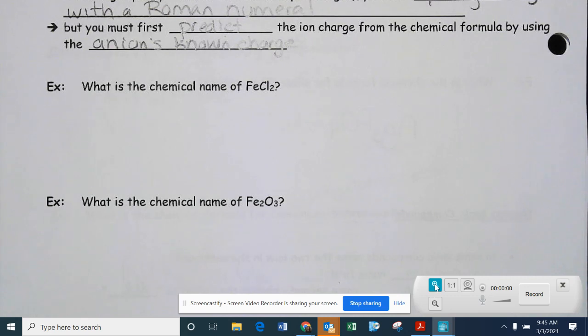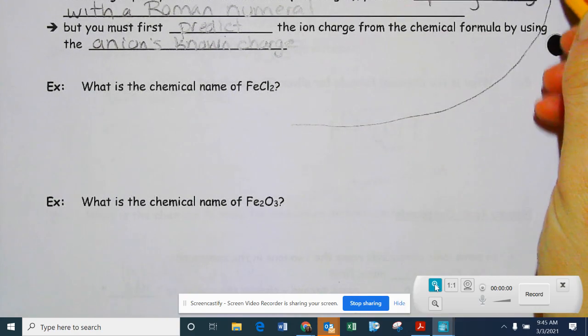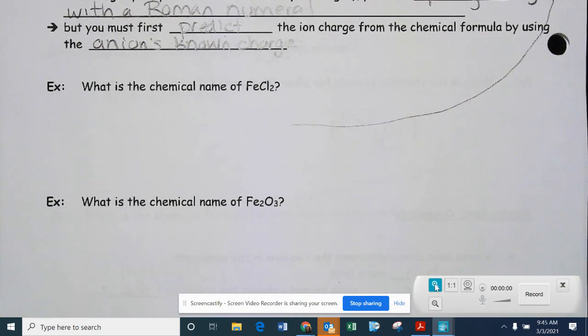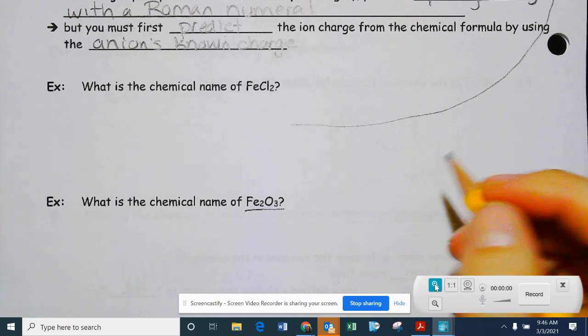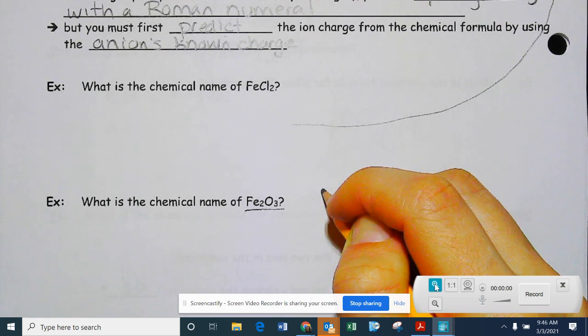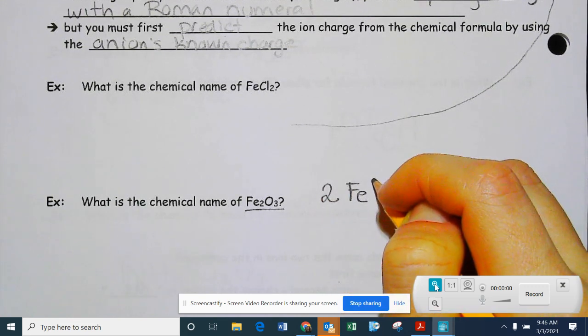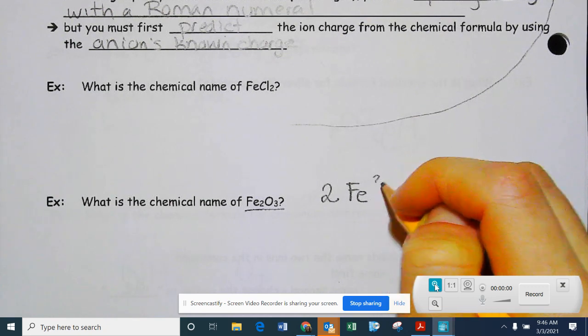Okay, so FeCl2, oh, we just did that one. So you just throw an arrow up here. We did that one already as an example. I got a little bit ahead of us in the notes. Okay, but let's do Fe2O3. So if I look at this, what I have got is 2 irons with, I don't know what the charge is right now.